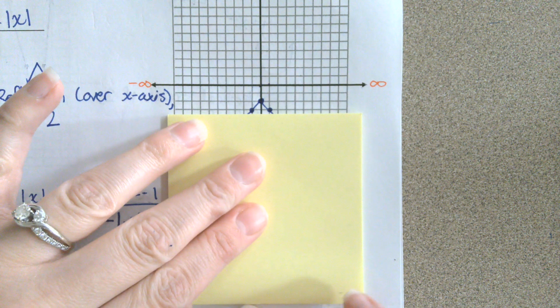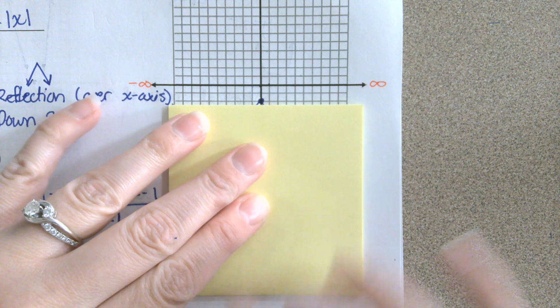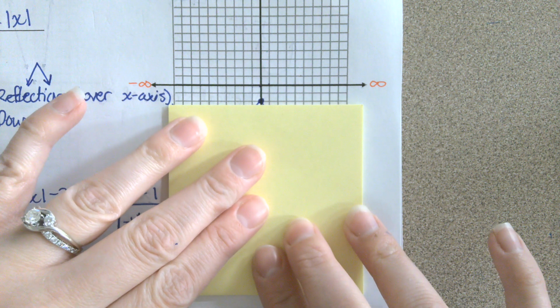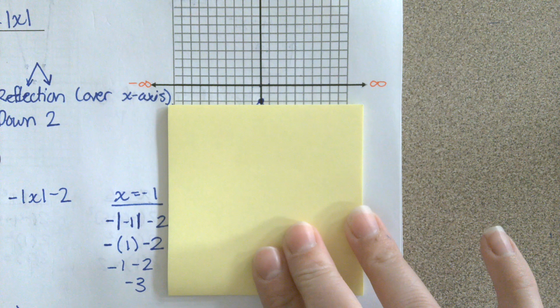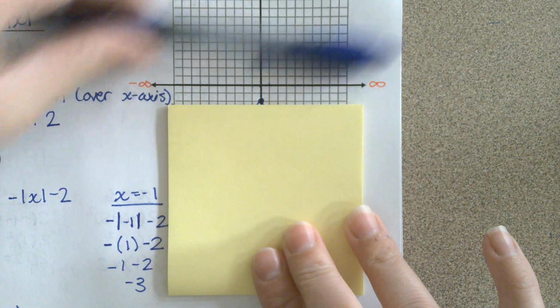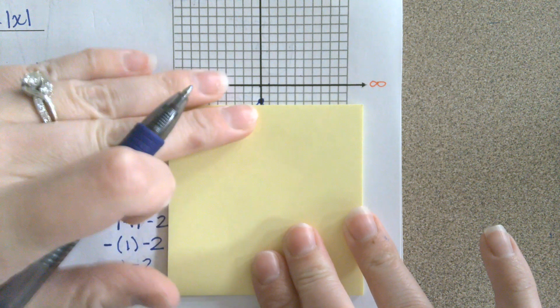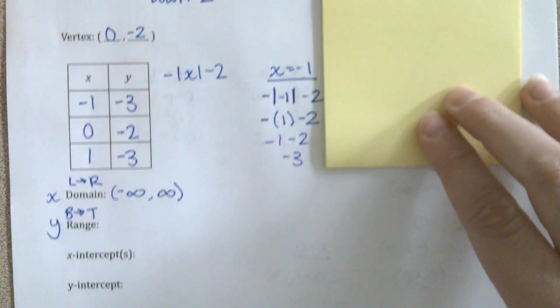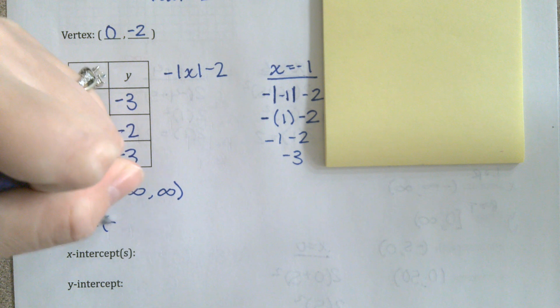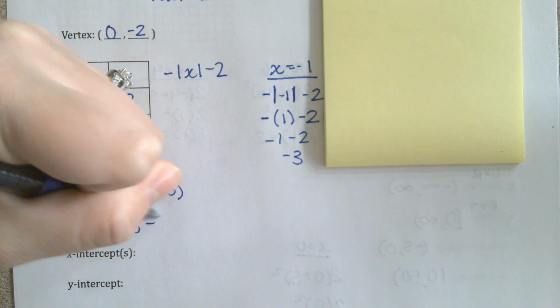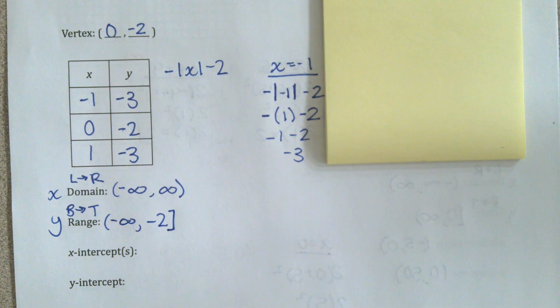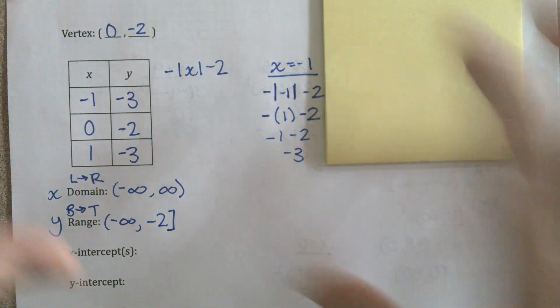We hit solid points, and then we come to a stop here at negative 2 on the y-axis. And if I look ahead, there's nothing else. This is the end of the graph. So it goes from negative infinity up to negative 2. Negative infinity gets parenthesis, negative 2 gets a bracket since it's a point, and that is that.